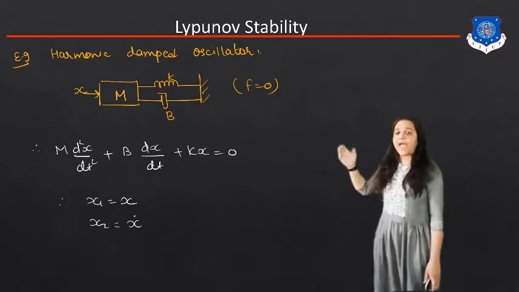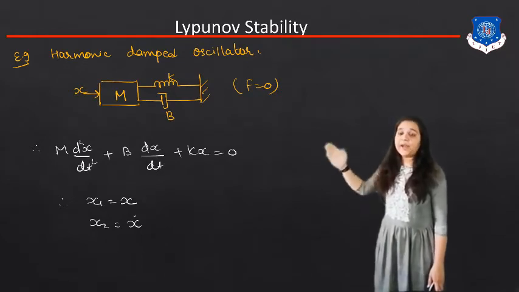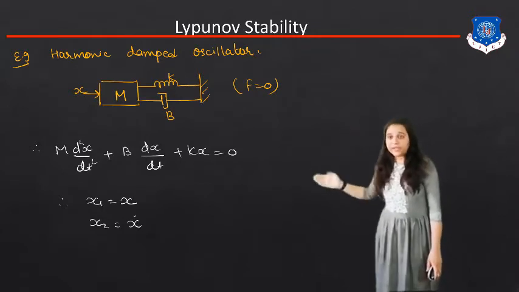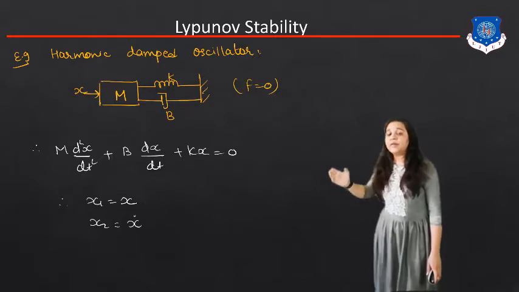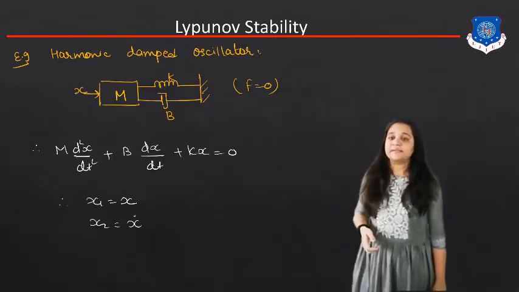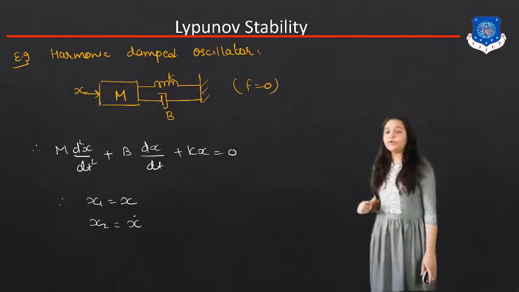Here is a very simple example: a simple harmonic damped oscillator. This is a mechanical system where mass is given, a damper is given, spring constant K is given, and displacement x is given. Here the force is specified as equal to 0.